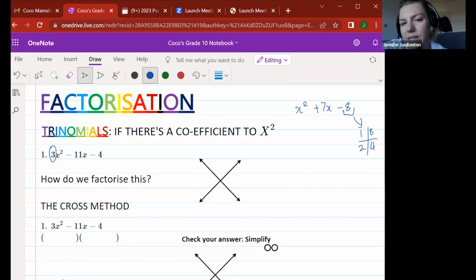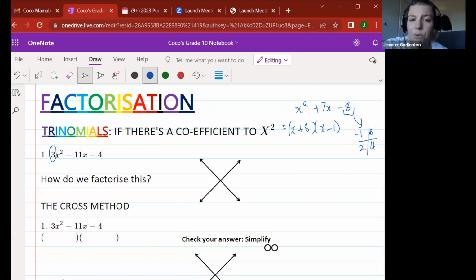And then we were trying to get to the number 7. So we'd say, well, that needs to be positive 8 minus 1. So then we would have (x plus 8)(x minus 1). It's a very quick recap of how we did our trinomials in grade 9.